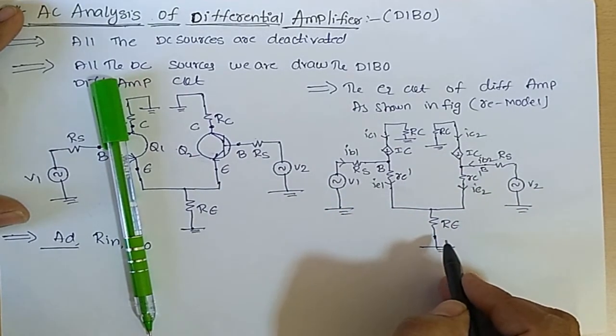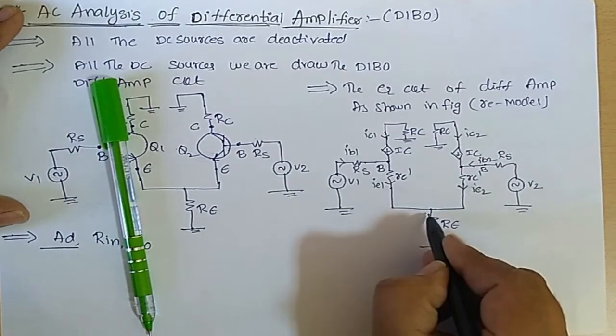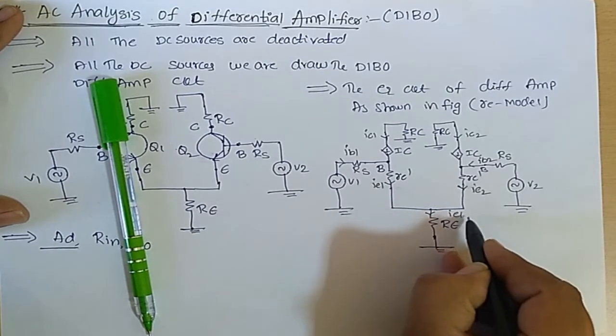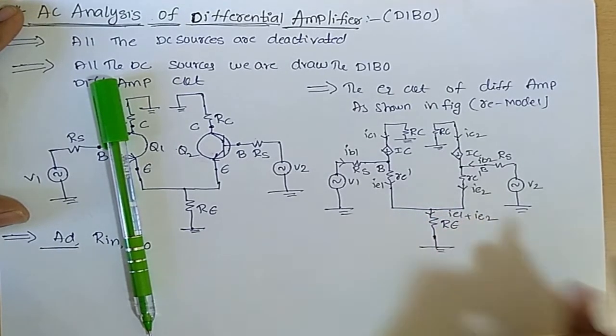The overall current flowing through this emitter resistance is IE1 plus IE2.